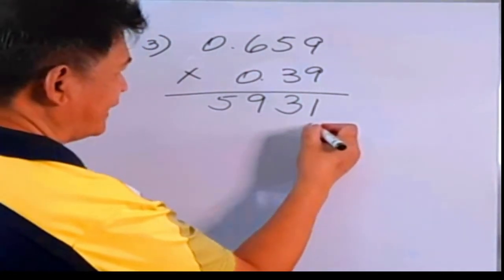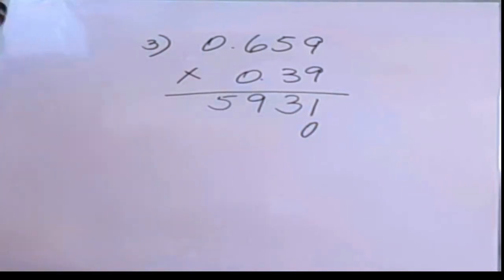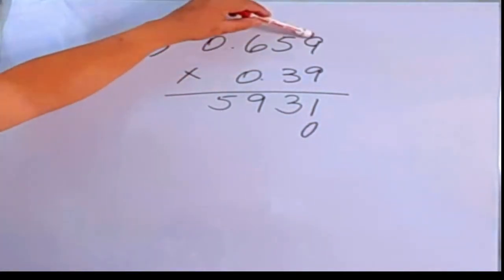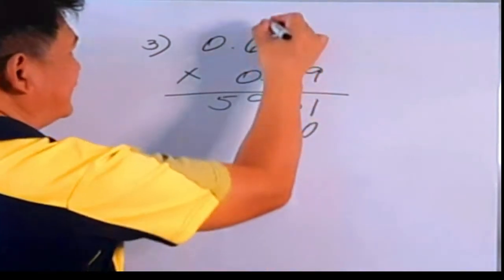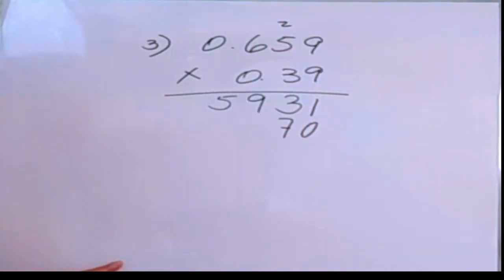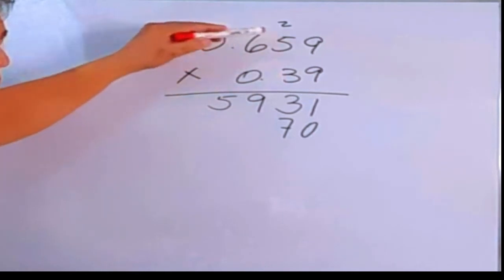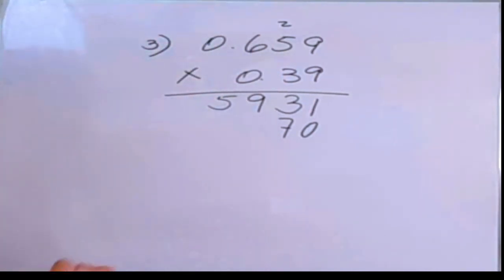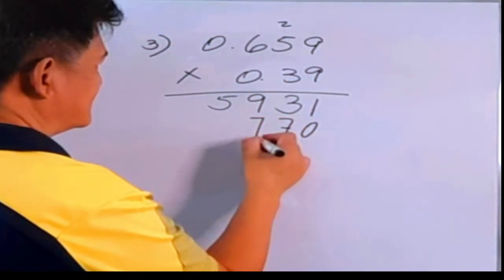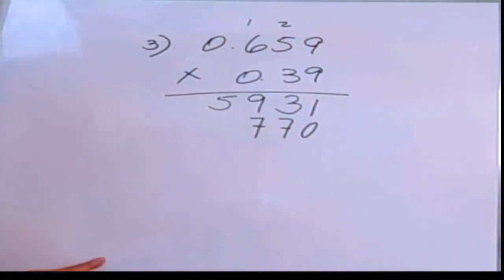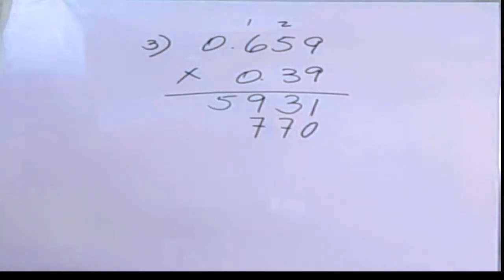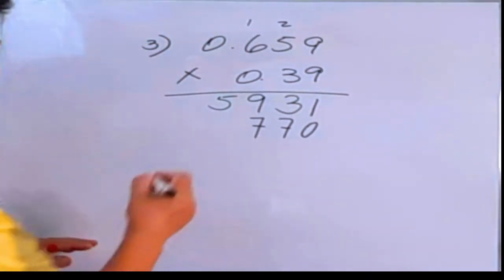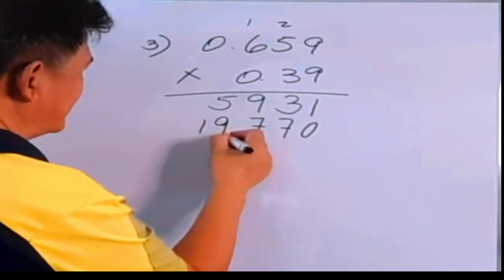Next is we multiply 3 with the rest of the numbers. But before that, we add 0. So 3 times 9 is 27. Carry 2. 3 times 5 is 15. Plus 2 is 17. Carry 1. 3 times 6 is 18. Plus 1 is 19. Okay?